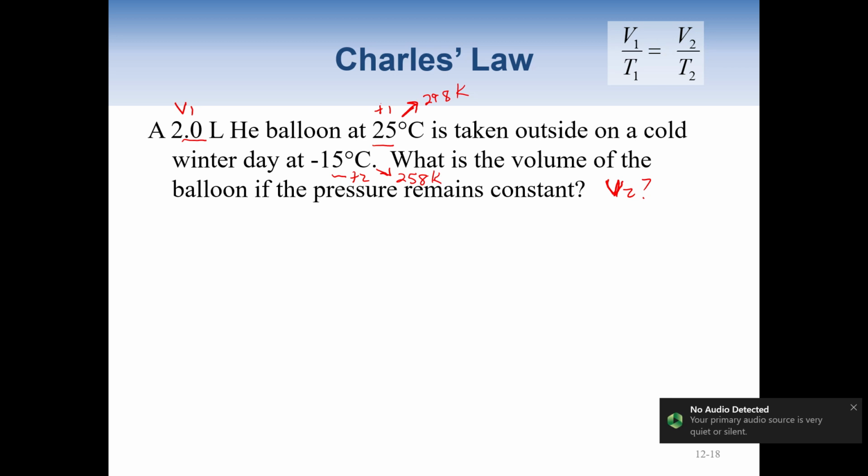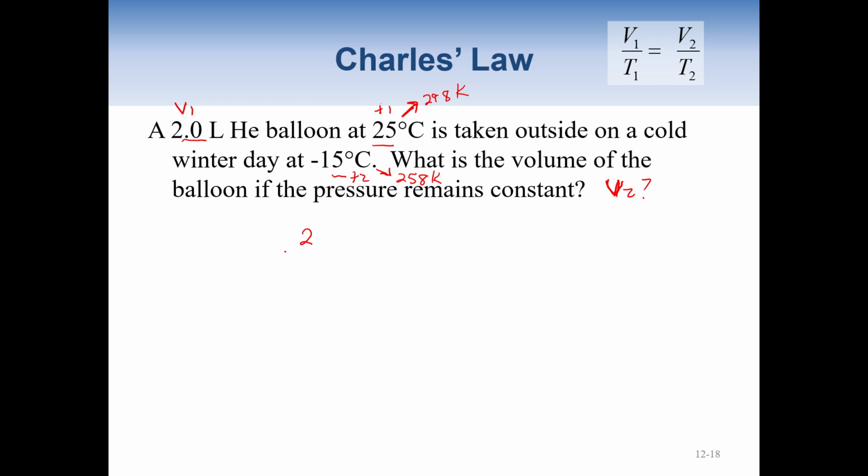So now we can plug it into the equation. V1 is 2, T1 is 298, and we're going to set that equal to V2, which is something we don't know. I'm just going to use the letter X, over T2, 258.